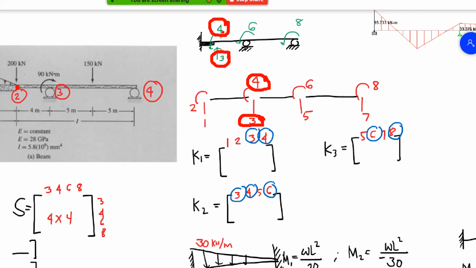So we have 3, 4, and then 6 because you have rotation here, and then 8 because you also have rotation here. Therefore our unknowns are 3, 4, 6, and 8, and your S matrix will correspond to 3, 4, 6, and 8. So our expected S matrix is 4 by 4.